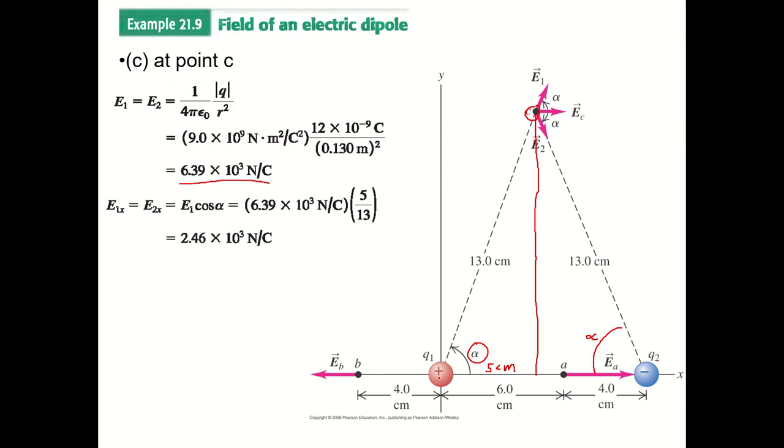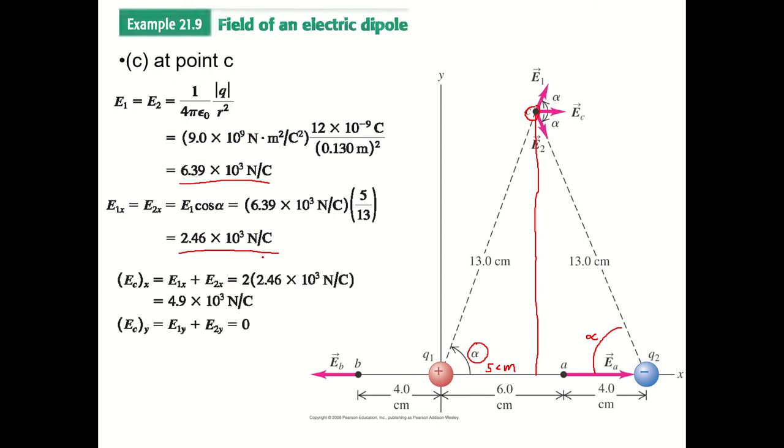So when you say cosine, cosine is adjacent over hypotenuse, so our adjacent here is 5. Our E sub 1x, equal to E sub 2x, is equivalent to E1 cosine of alpha. So our cosine of alpha is adjacent over hypotenuse, that is 5 over 13. Therefore, E sub 1x equal to E sub 2x is equal to 2.46 times 10 to the 3 Newton per coulomb.